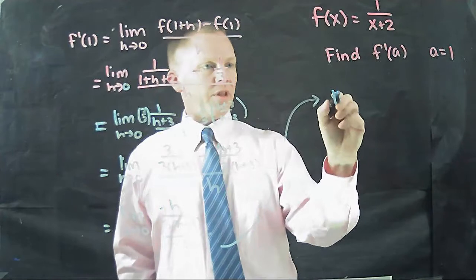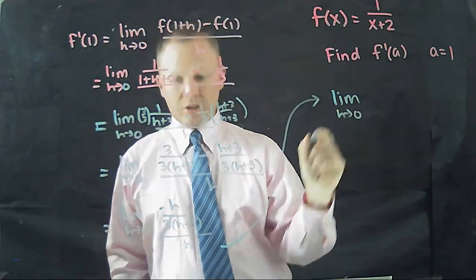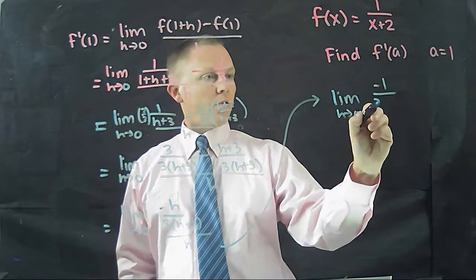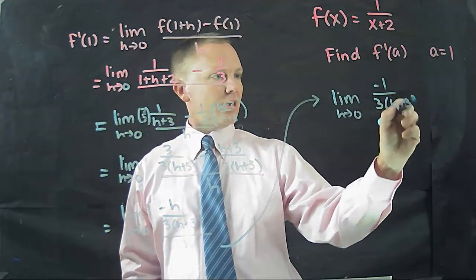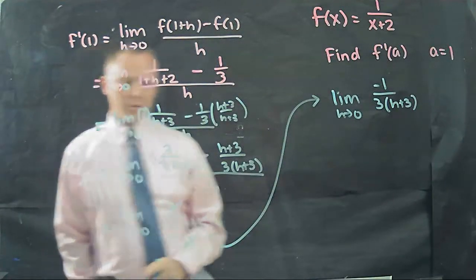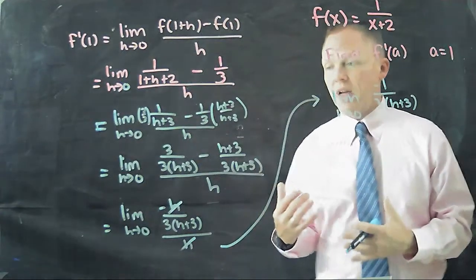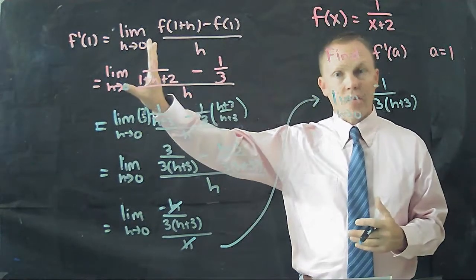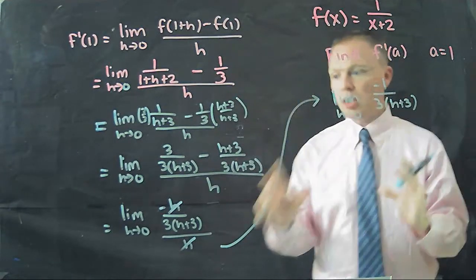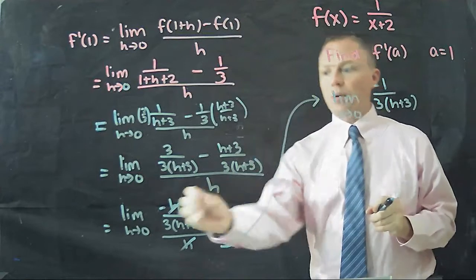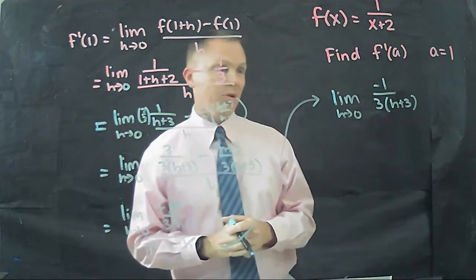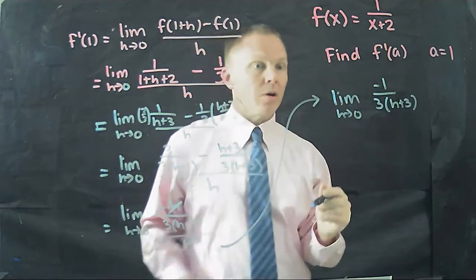So I'm going to have the limit as h goes to 0 of -1 over 3 times h plus 3. Okay, so those h's canceled. And guys, just like on the last problem we did, where those factors of x minus 3 canceled, if you do this right, those h's are going to cancel. You're always going to be able to get that h and cancel it with the denominator. It'll happen every time. If it doesn't, then you did some algebra wrong.